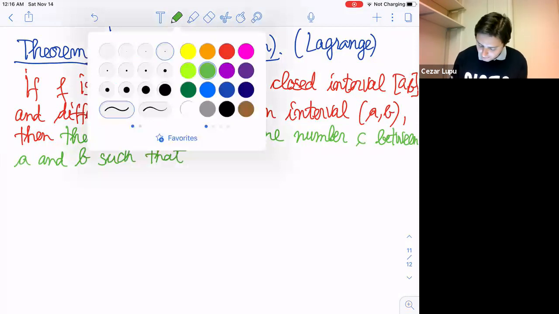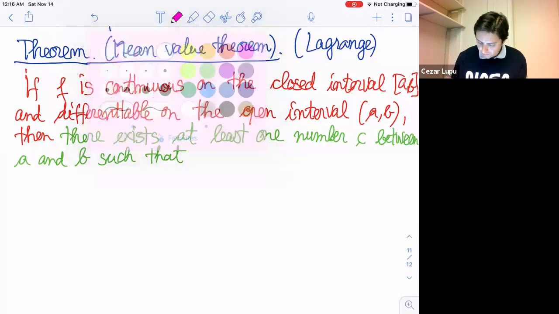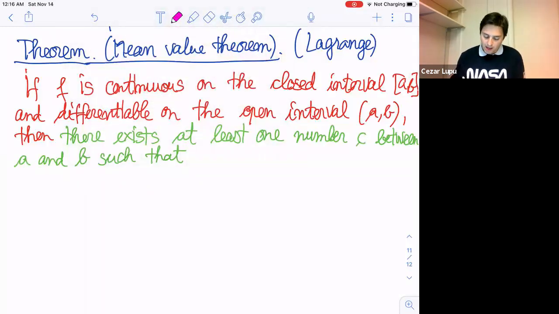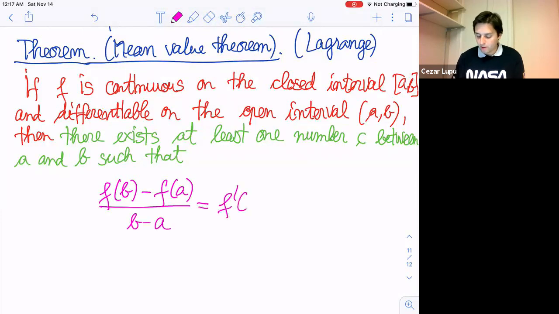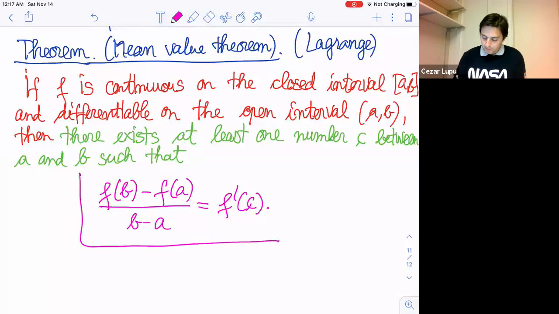Let me write this with a different color. f of b minus f of a over b minus a, so this is the average value, is f prime, the derivative of f evaluated at this point c. So this is the mean value theorem.